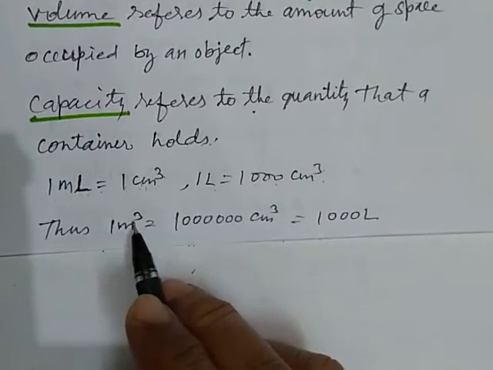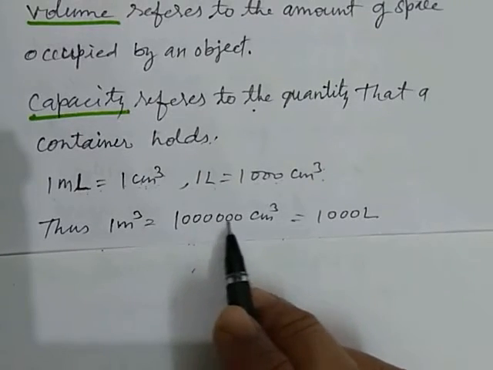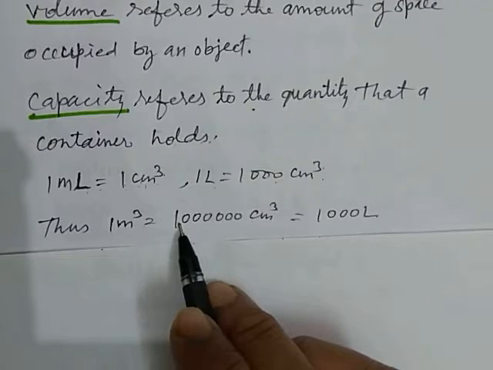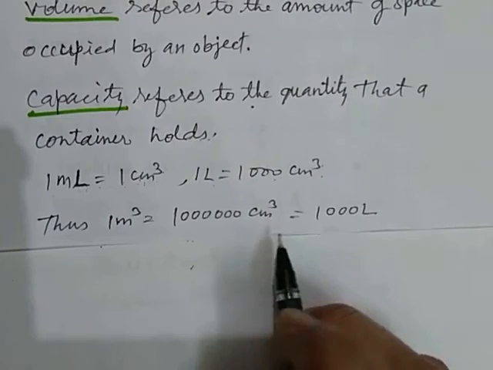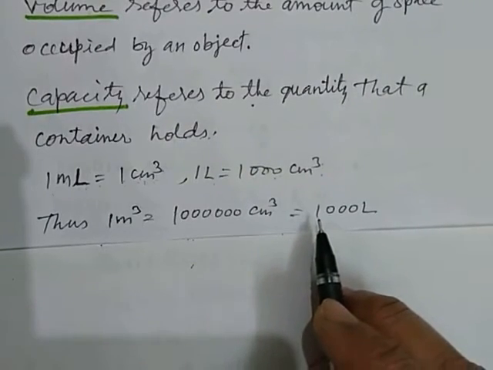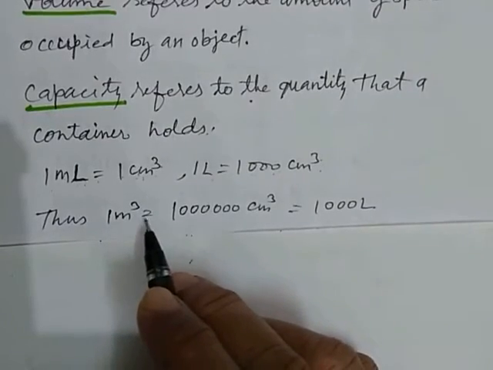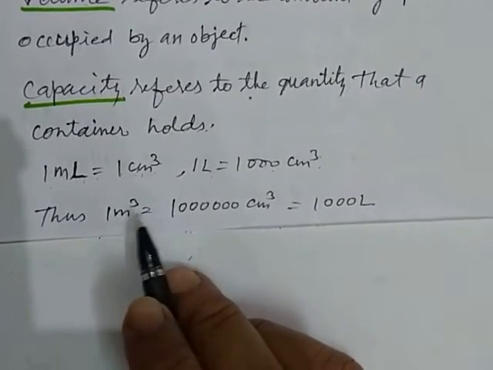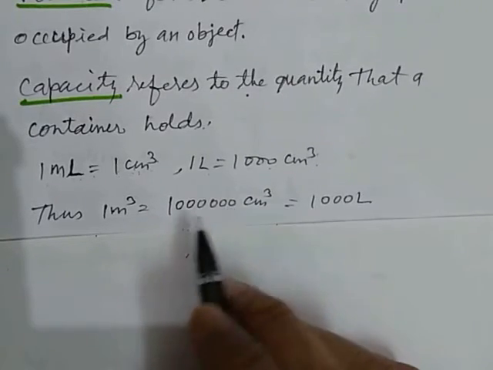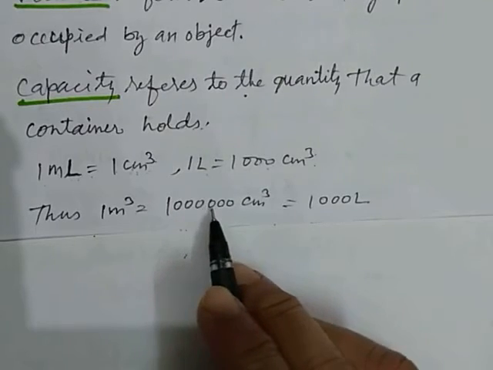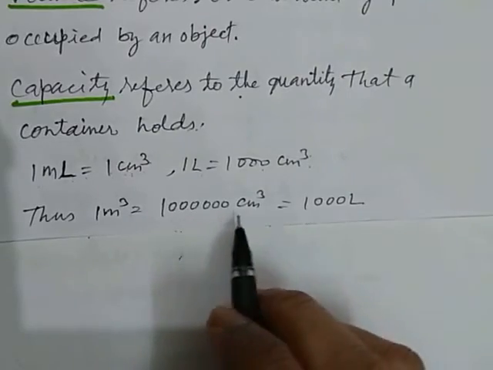So 1 meter cube is 1,000,000 centimeter cube, because 1 meter cube means 1 meter into 1 meter into 1 meter, and 1 meter equals 100 centimeter. So 100 centimeter into 100 centimeter into 100 centimeter. In 100 there are 2 zeros, so here there are 6 zeros, because 100 power 3 gives 6 zeros.